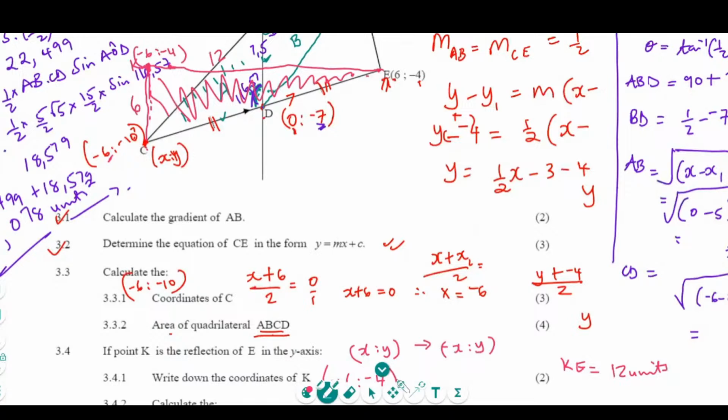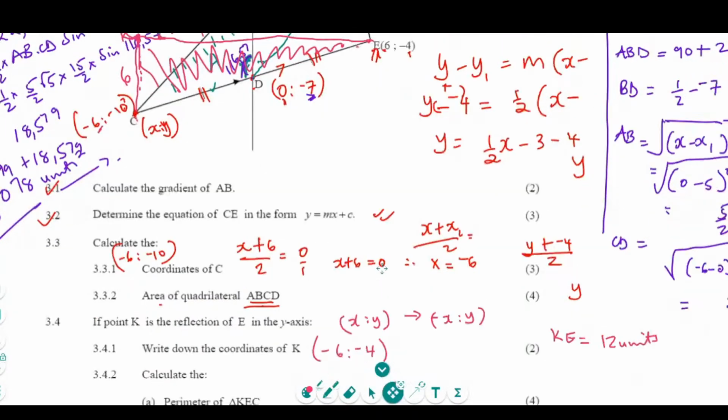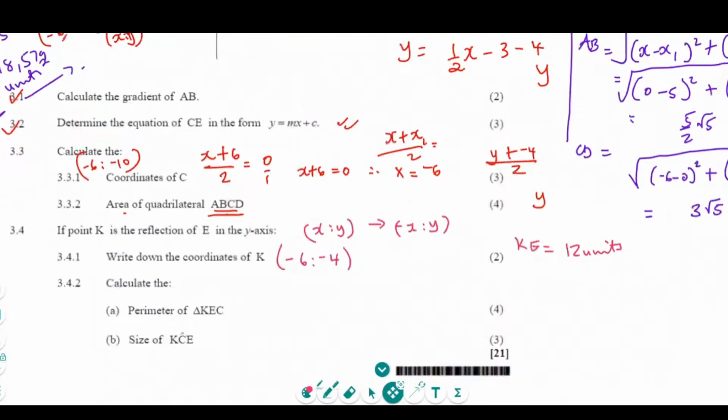Distance CE, but do we even need to do that since we got our CD somewhere? We calculated CD somewhere and we found it to be 3√5. So since we found it in the previous question to be 3√5, I'm just gonna say CE is twice that. 2 times 3√5, which becomes 6√5.